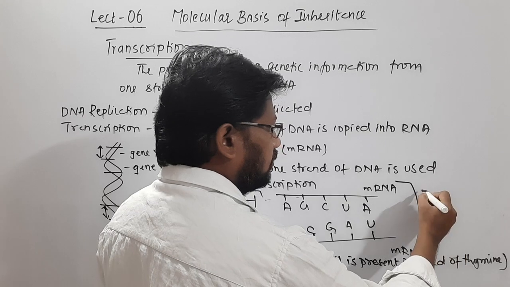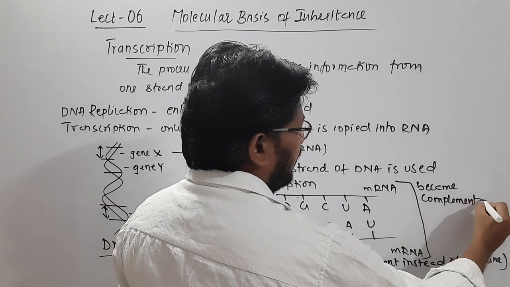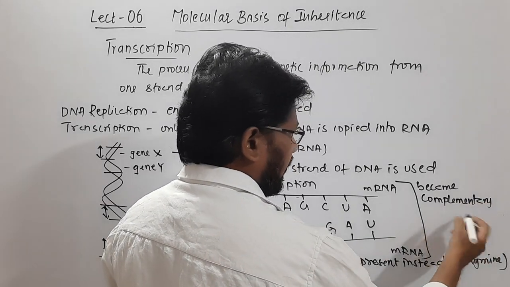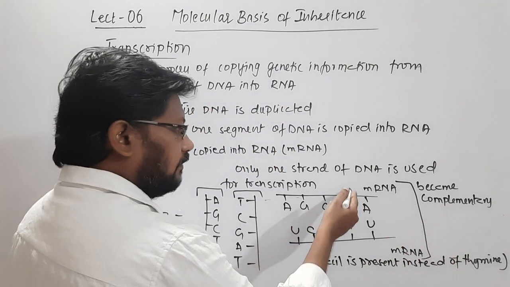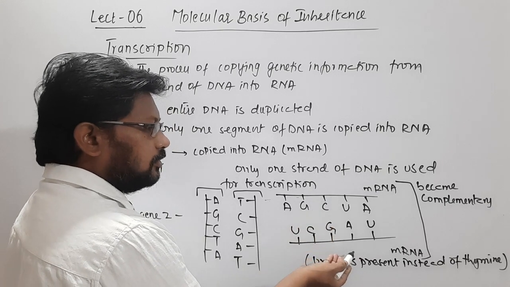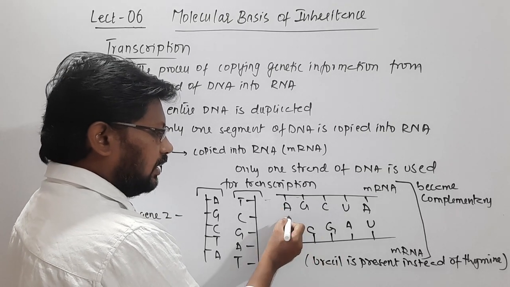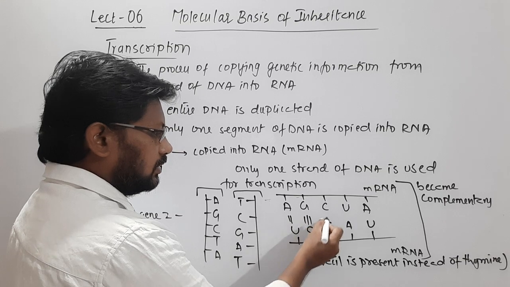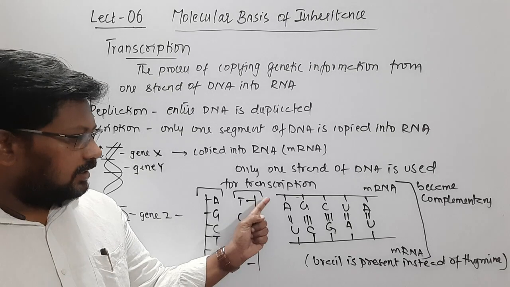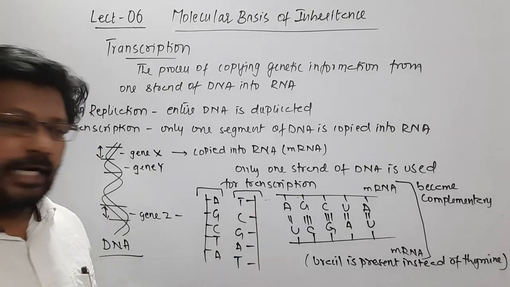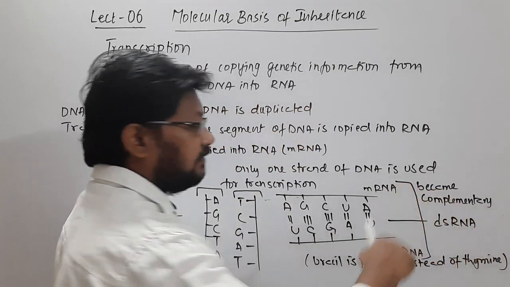So when we see these two mRNA molecules become complementary to each other, the adenine will pair with the uracil, and you can see there will be pairing, and this will become a double-stranded RNA molecule. So this results in the formation of a double-stranded RNA molecule.